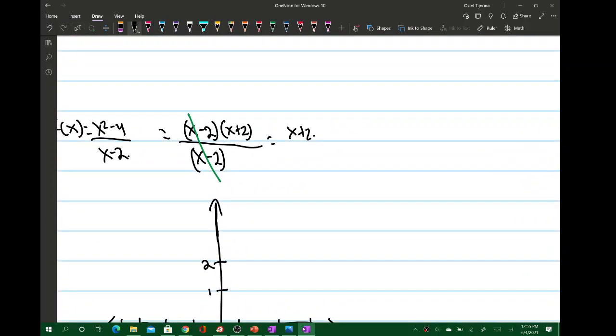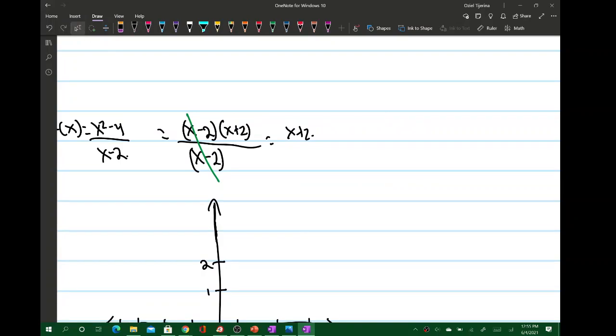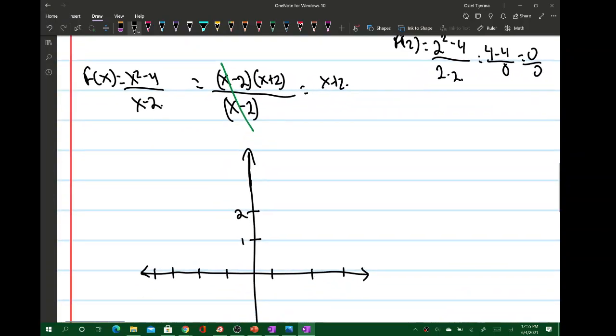So let's just pretend that we want to know what f of 2 is. If we do it here, we say 2 squared minus 4 over 2 minus 2. We're going to get 4 minus 4 over 0, which is 0 over 0. So f of 2 is undefined.